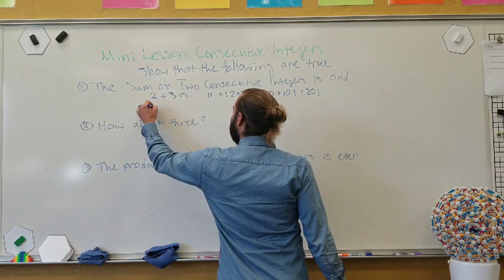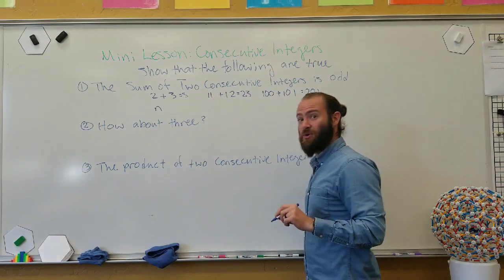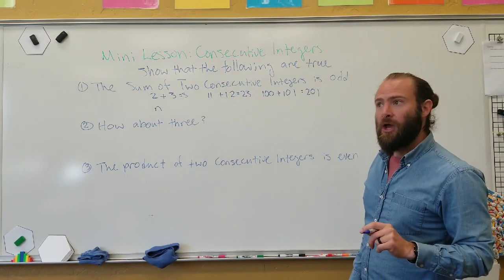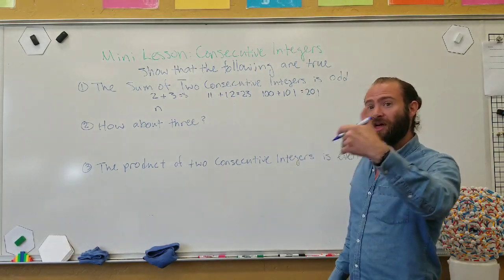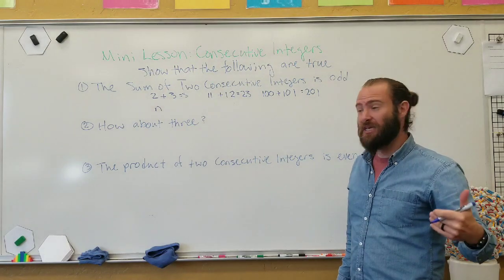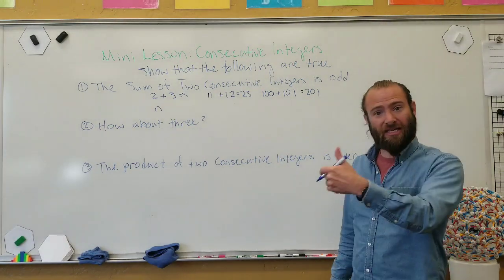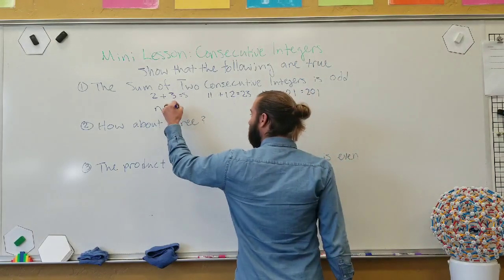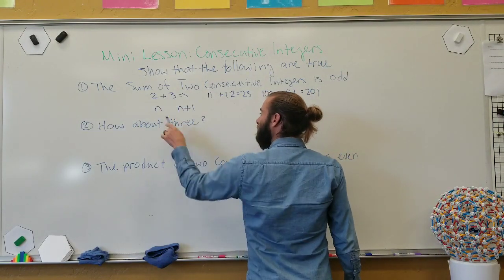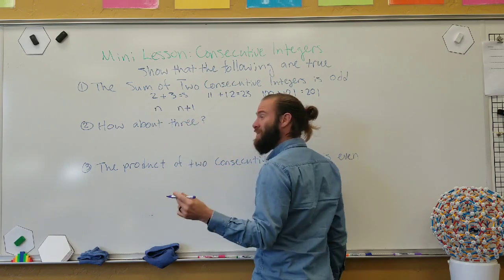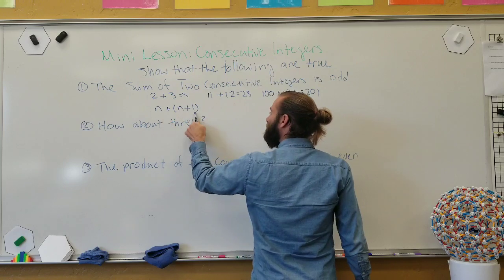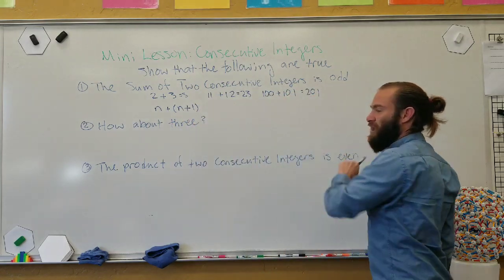If I have a number, guys, now here's where we really answer the question. If I have a number n, let's say, what's an expression for the next, right, consecutive integer? The next one up. N plus 1. Right? If this is an integer, n plus 1 is the next one. So really what I'm trying to show is that n plus (n plus 1) is odd.